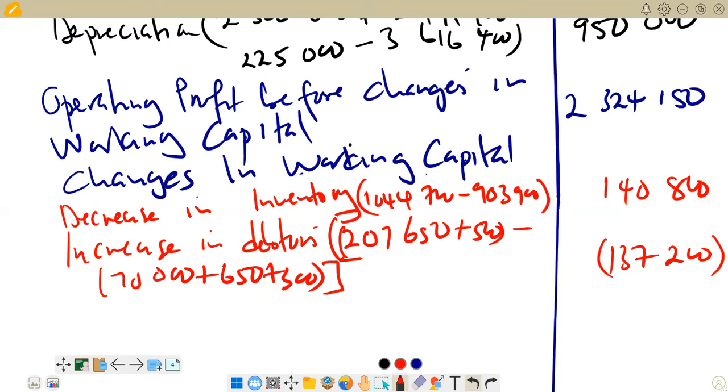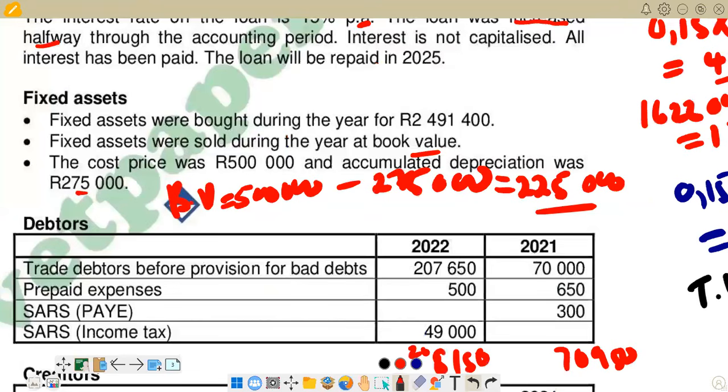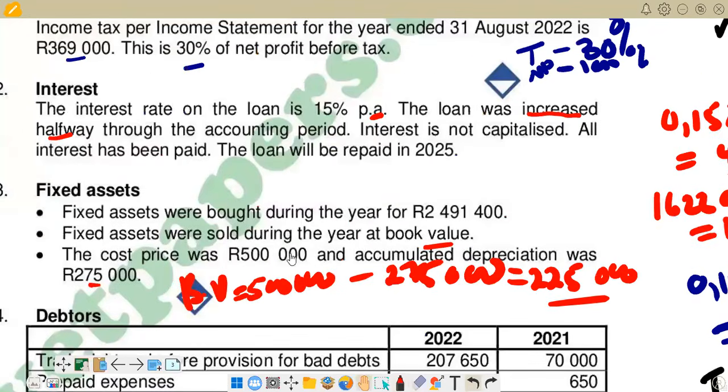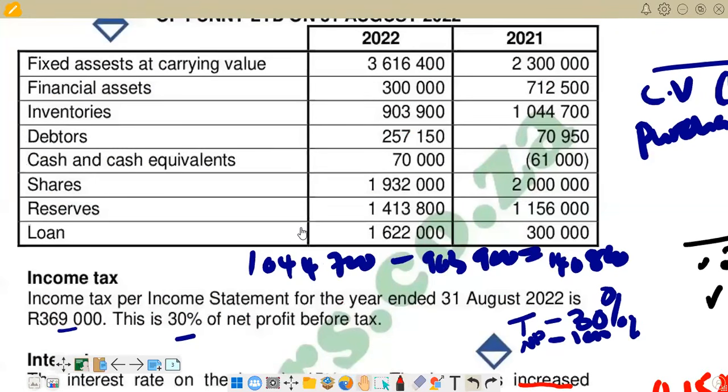So if you check in our question, the next working capital movement that we are going to have, let's see which are adjusted for debtors.